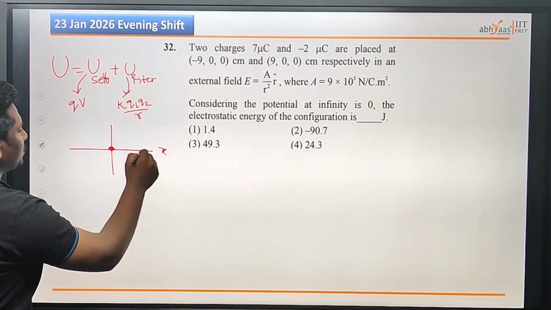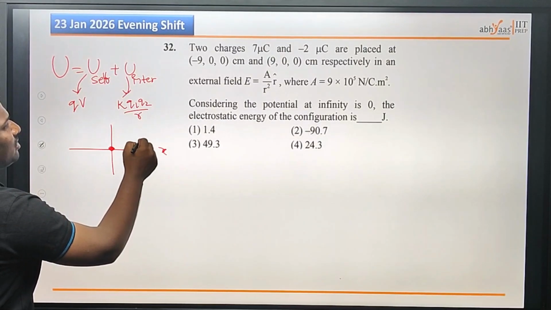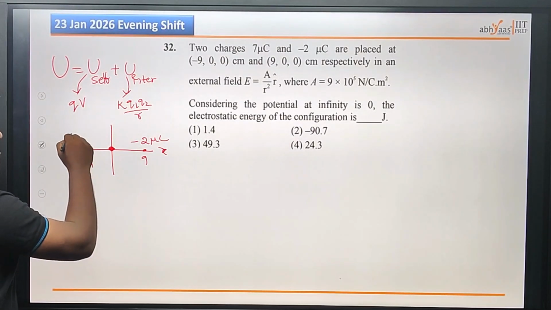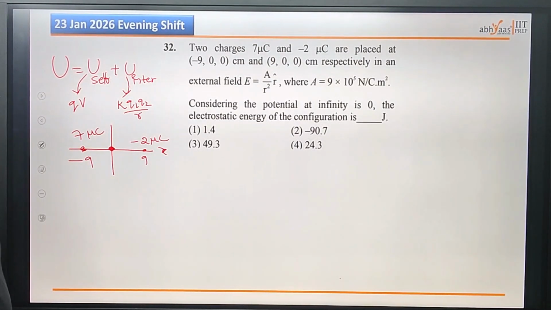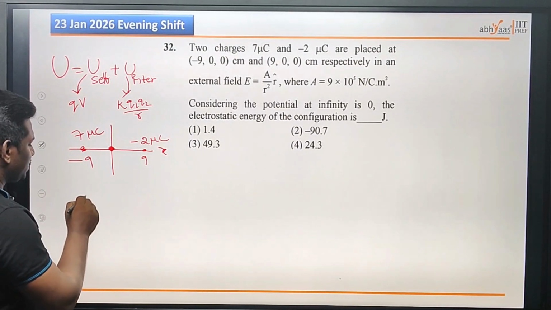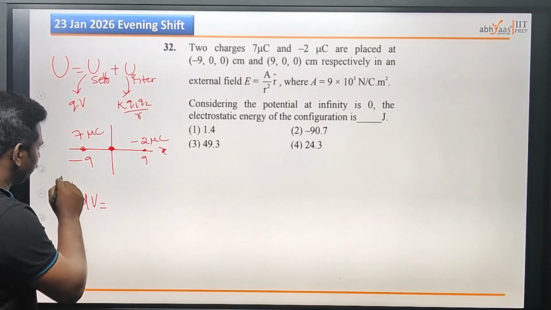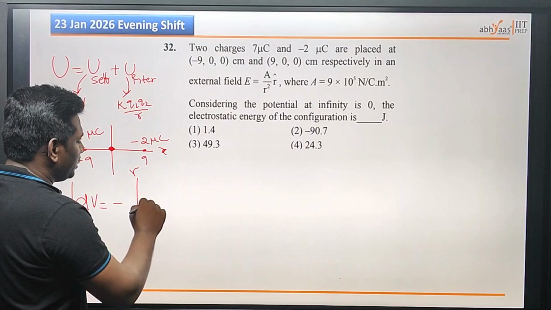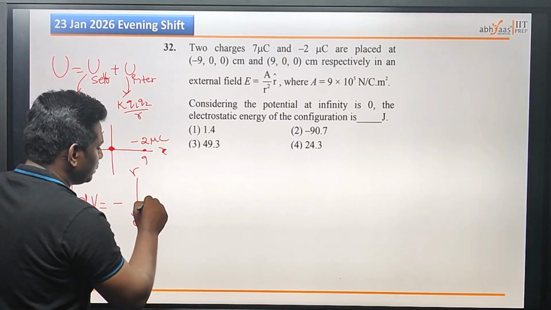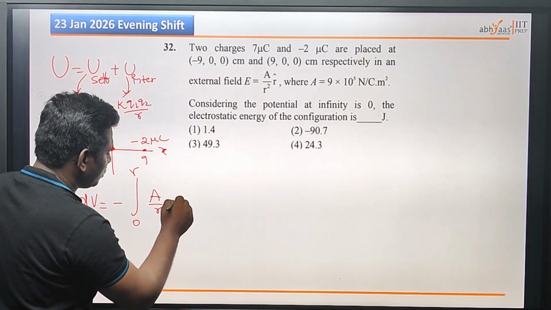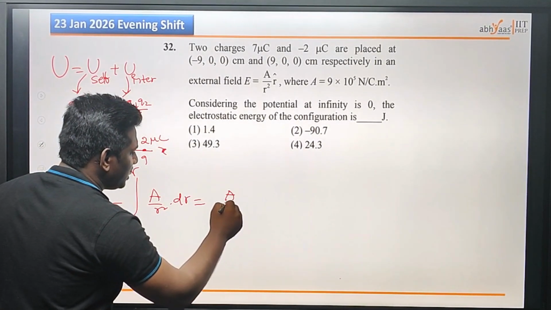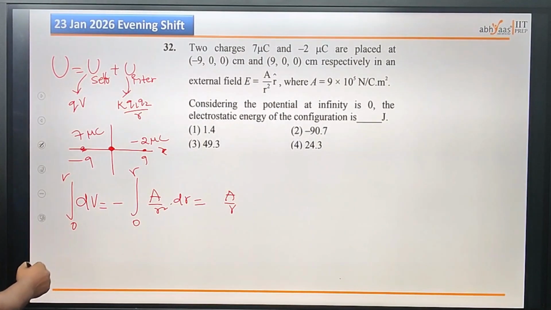This is position 9. At position 9 you are having minus 2 microcoulomb. At position minus 9 you are having 7 microcoulomb. But you have to find the potential. What is potential here? So potential can be written as dV equal to minus integral 0 to R E dot dr. I am writing directly A by R square dot dr. If you solve this one, you will get A by R. What is the value of V?